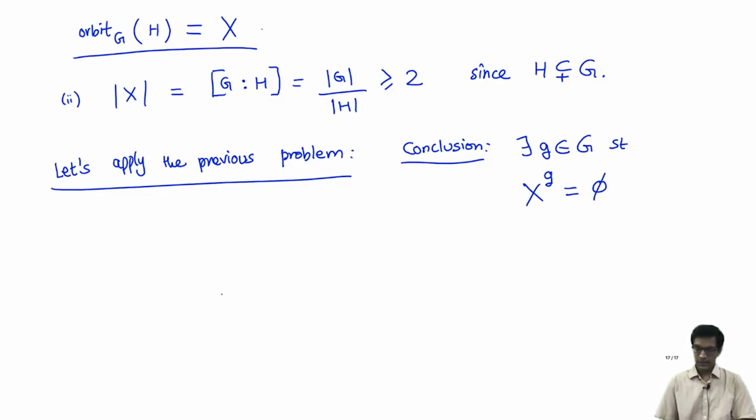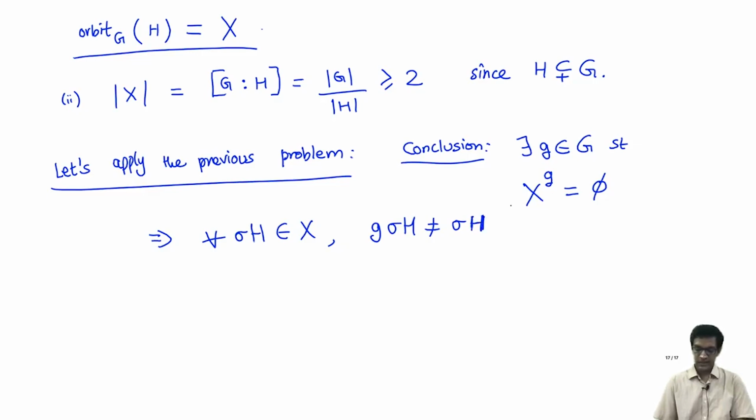Okay, now let's see what that means for this particular action. So what is the fixed point set for g? It means for all cosets sigma H in X, g does not fix that element.